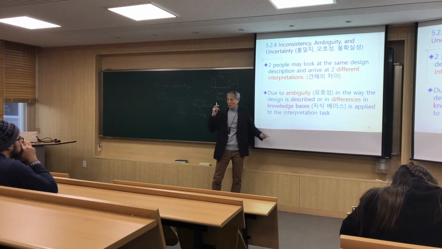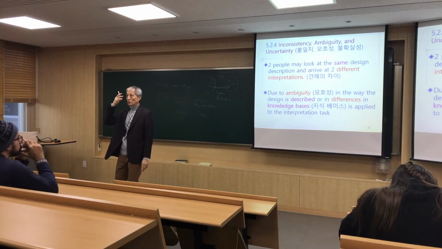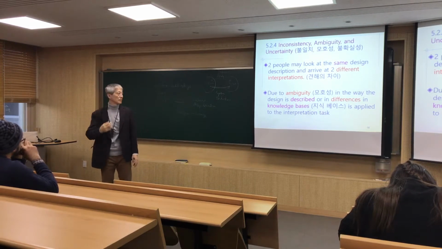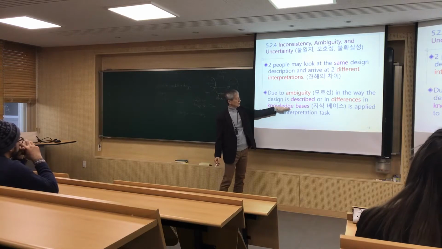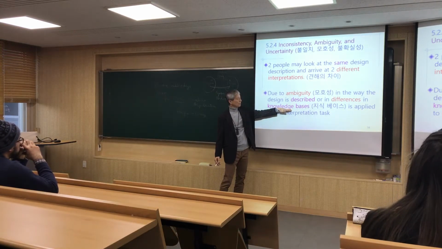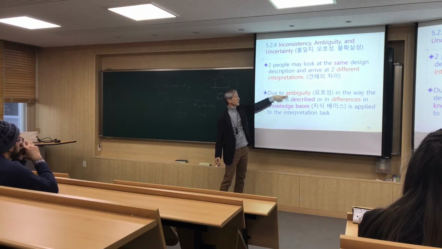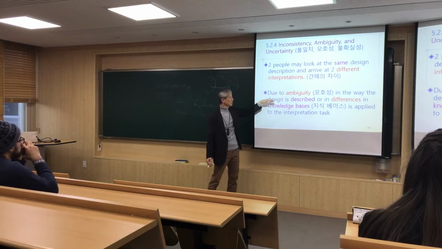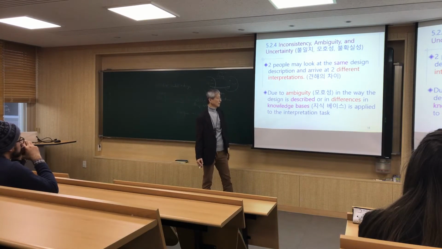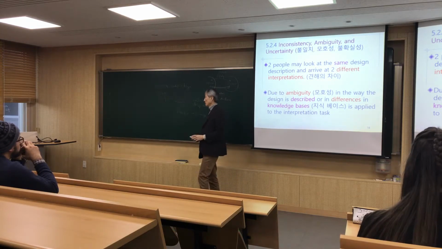You have a knowledge base for your interpretation. You interpret yourself, right? You're using the knowledge base in your mind. So knowledge bases are different from person to person, right? And also the knowledge includes ambiguity, and the description also has ambiguity, so the interpretation result can be different.